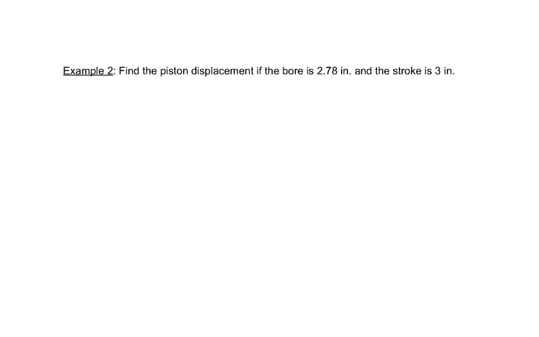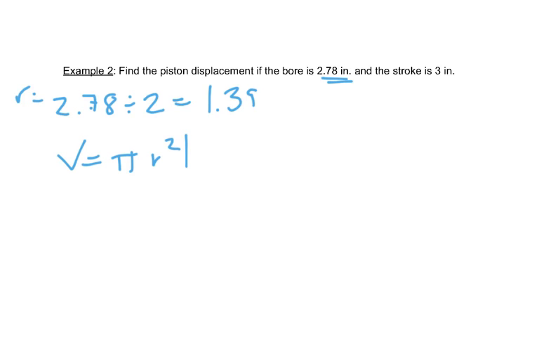So in example 2, it says find the piston displacement if the bore is 2.78 and the stroke is 3. So remember, the bore is the diameter, so we're going to take 2.78 and divide by 2, and that gives us 1.39. That's our radius. So we'll find the volume, pi r squared h. So our r is 1.39 and our h is 3.